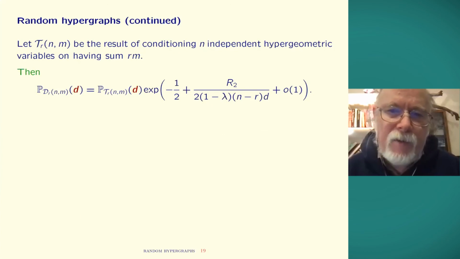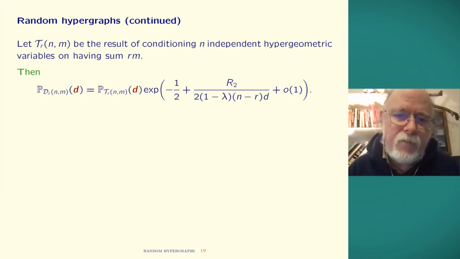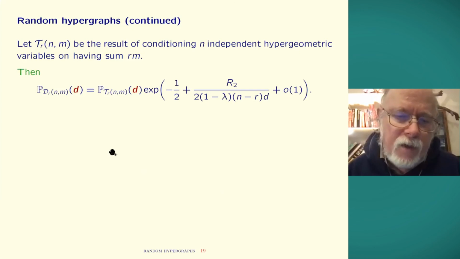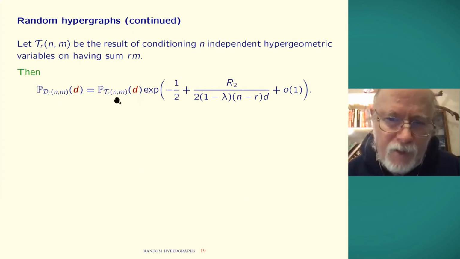They're all the same and they're independent of each other, but then we condition them on having the required sum r times m. Then we prove that the probability of a given degree sequence for the hypergraph is equal to the probability of a given degree sequence for the hypergeometric model.